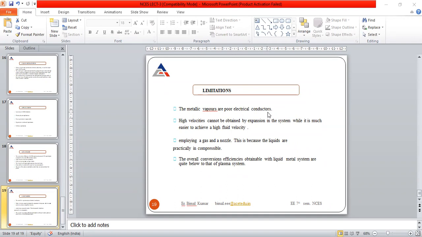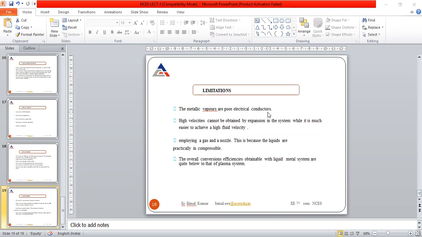In that case it is very tough to attain high velocity, but in this particular case, we will be able to attain high fluid velocity. Then, employing a gas and nozzle, this is because liquids are practically incompressible, right?